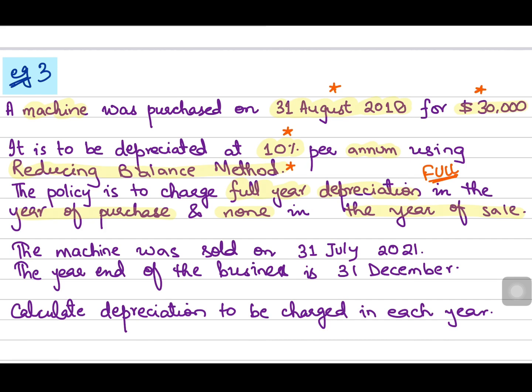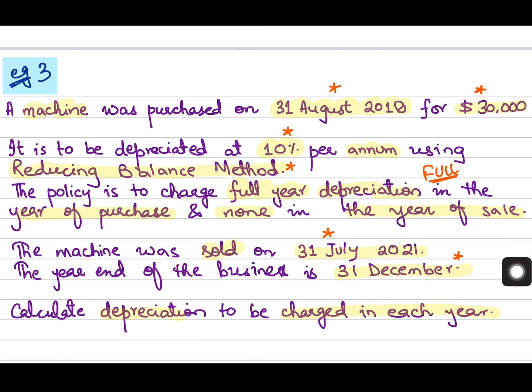Now, it was sold on 31st of July 2021. So, we have the disposal date as well. And the year end of the business is 31st December. Again, very important information. The requirement is simple, that is to calculate depreciation which is to be charged in each of these years, from 2018 till 2021.